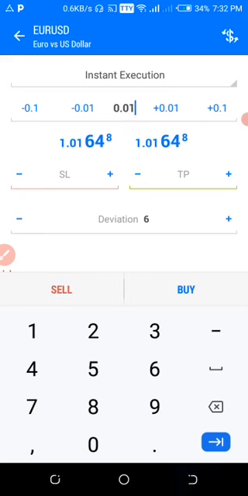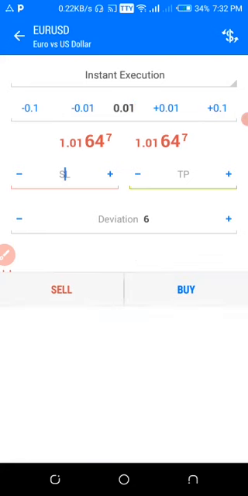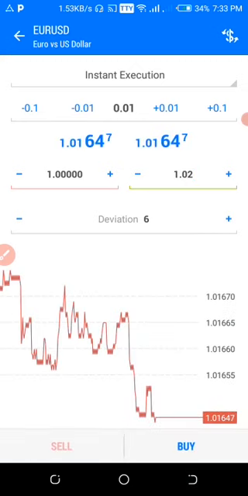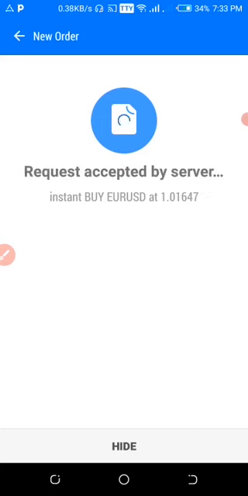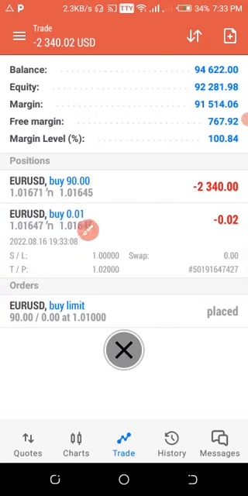And then after that, you can put the stop loss, which is 1, and then take profit as 1.02, and then you can place and buy. When you buy, the market is directly there. And when you see over here, we have this moving, but you can see it is starting by 0.0 something, because for every pip it moves, it can get a profit of 0.01 or a loss of 0.01.